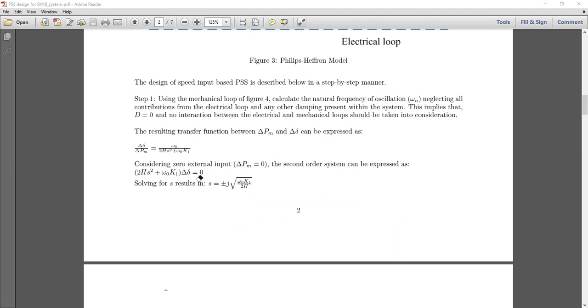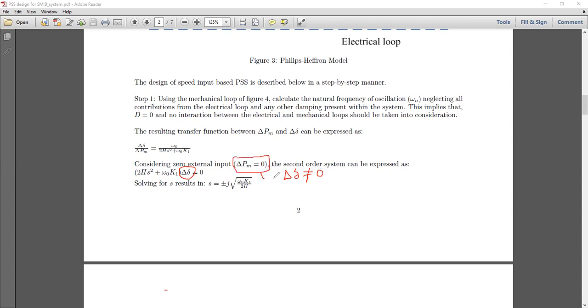And then, of course, you can take del delta not equal to zero. That means, to simplify this, if you want to get rid of this del delta, you have to simply divide both sides of the equation by del delta. Because del delta is not zero. Why is del delta not zero? Can anyone tell? Del PM is zero, that is assumed.